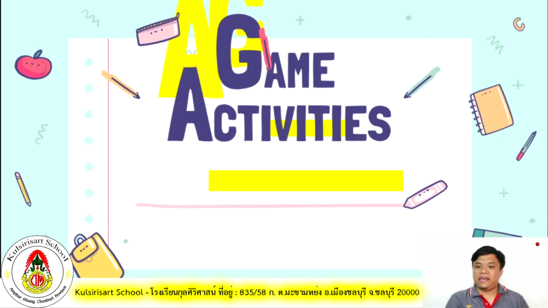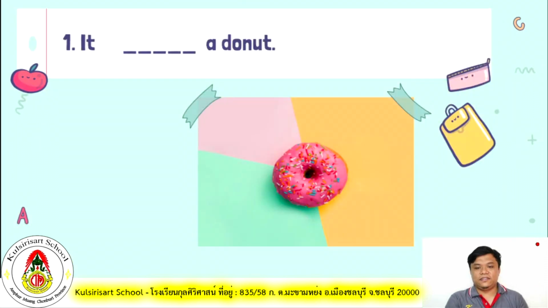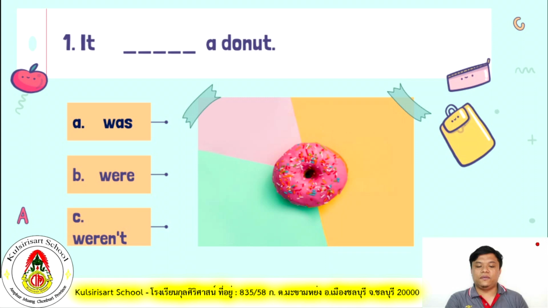Let's have a game activity. Number 1, let's try to know if you can use the different kinds of past verb to be. For example, we have here was, were, and weren't. What do you think is the answer?